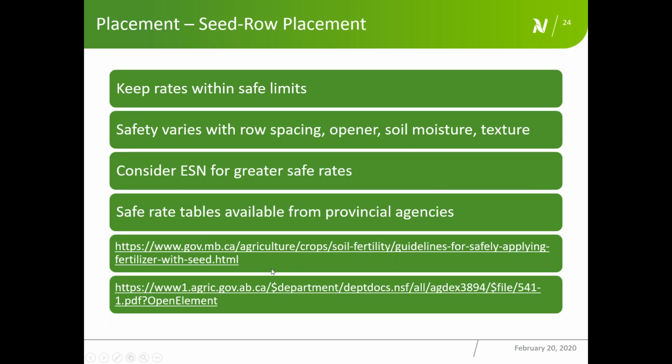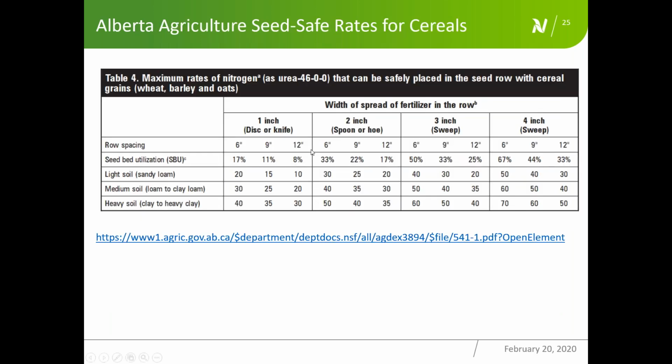I've listed a couple here, but you can easily Google safe rates for seed placement or something like that and find these same sources. I'd give you one example here. This is from Alberta Agriculture, providing some safe rates, and this is the kind of information that can give you guidance based on the type of equipment you have, the type of soil properties, particularly soil texture, and make a decision as to what's safe.